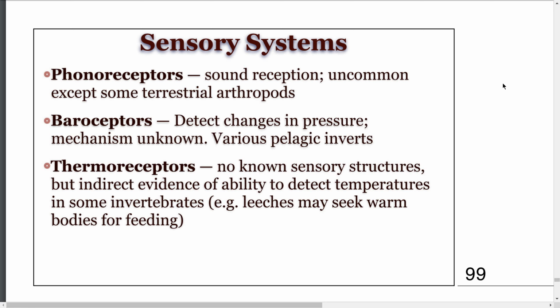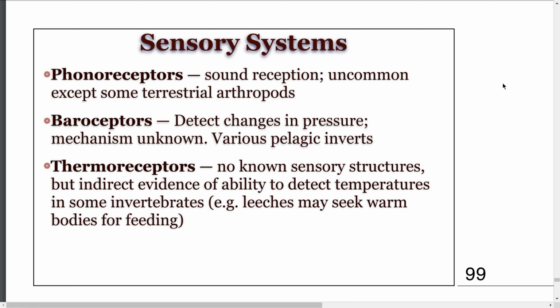A baroreceptor, think of barometer, measures overall pressure, and particularly changes in pressure. Changes in pressure help you determine what depth you are at in the water. That appears to be important for vertically migrating species.